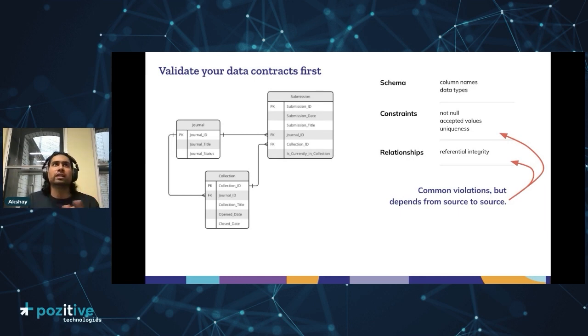So for us, we focused more on the constraints and relationships, and we built a test suite that was more focused on those areas so that we could get a much better ROI of sorts, and we caught those errors sooner.